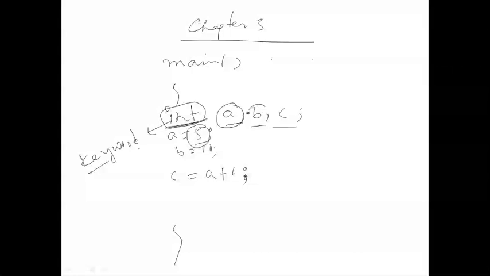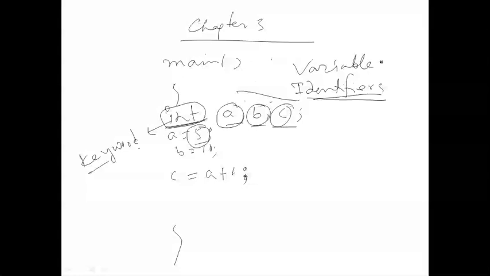Another unit is this a, b and c. These are called the names. A, b, c are called identifiers, meaning the variable names. So the names which are user defined, we call them identifiers.